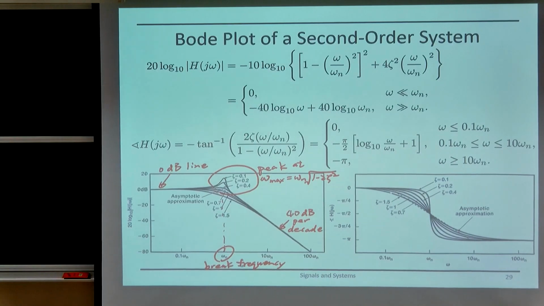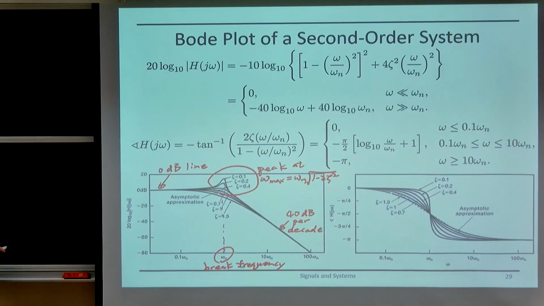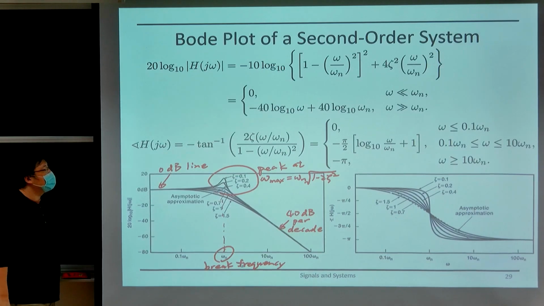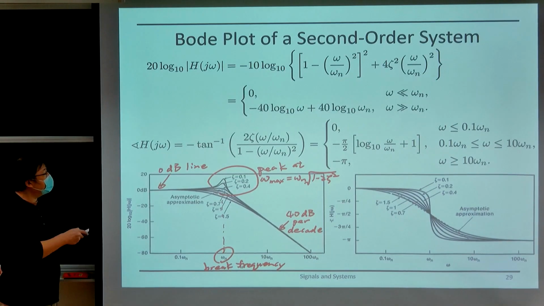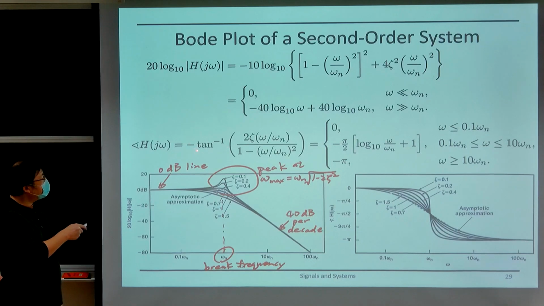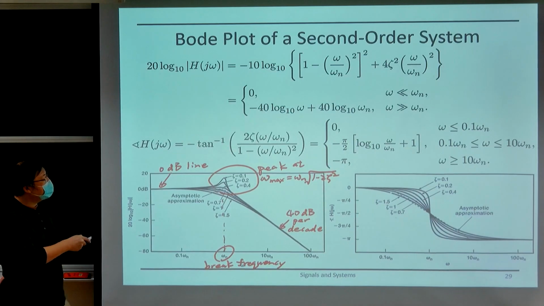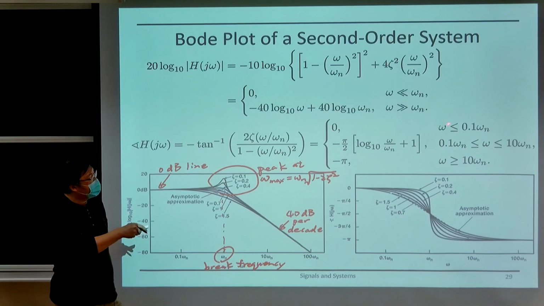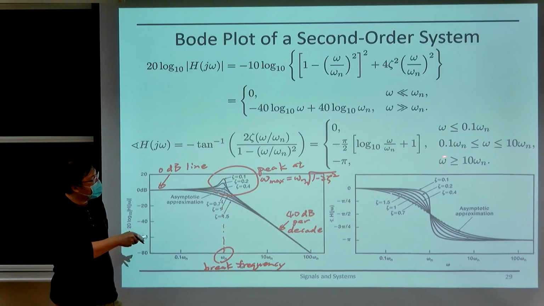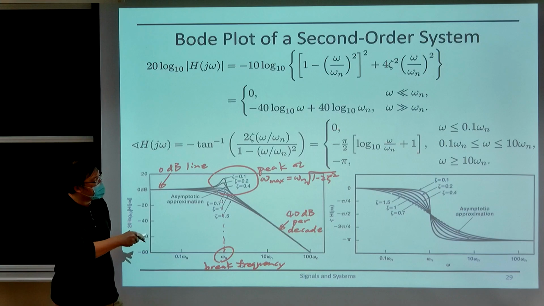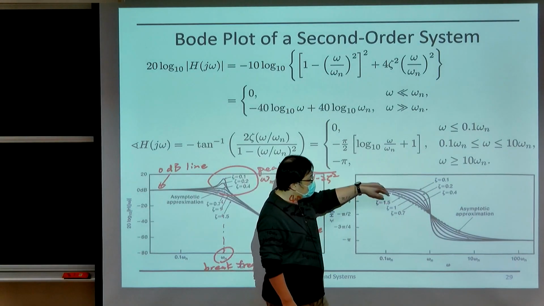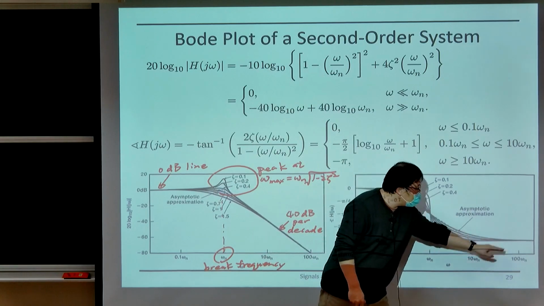Okay. Now we can also obtain this asymptotic study for the phase as well. In this case, the phase is minus arctangent of this ratio here, that you can also approximate as 0 when omega is small, as minus pi when omega is large, and the line connecting the two. Okay? And this is the line that you get.